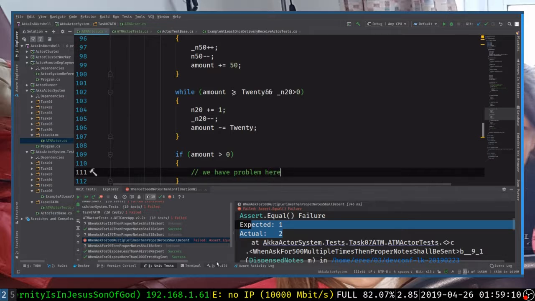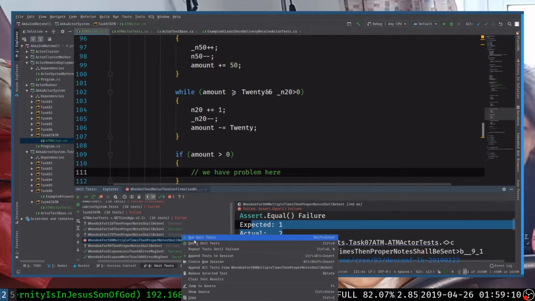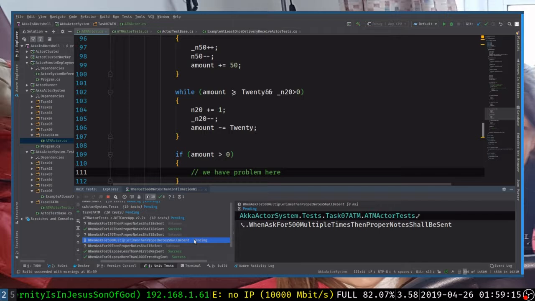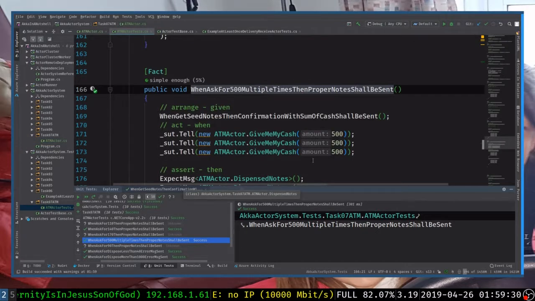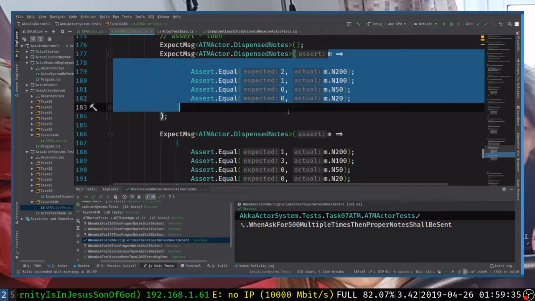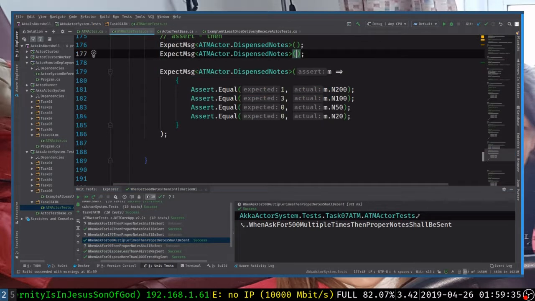But let's check if the change a send button or test. Success. So that means this guy dispensed this for the first time. So because we have this essentially remove it.